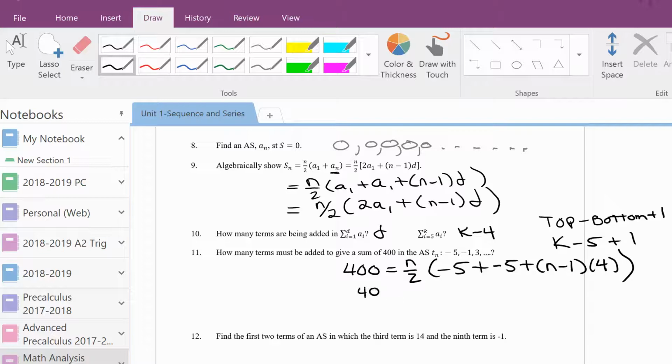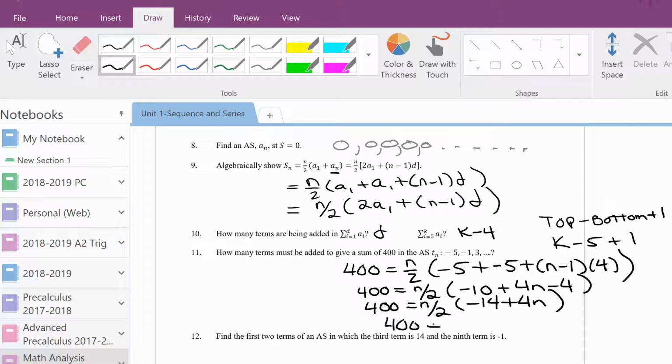So we'll simplify. So we get 400 equals n over 2 times negative 14 plus 4n. Distribute the n over 2, and you get negative 7n plus 2n squared.